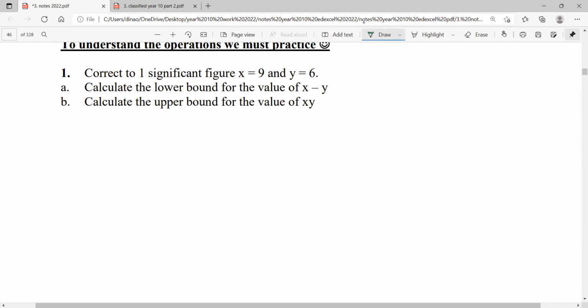طيب let's see. هنا بيقول لي corrected to the first significant figure x equals 9 and y equals 6. Let's write both numbers. X equals 9, y equals 6. Find the bounds immediately. تمام؟ طبعا corrected to the first significant figure. As we said, whenever the question gives first significant figure, you have to look where is this first significant figure. So the first significant figure in both numbers is the units, and the value of the units is 1.